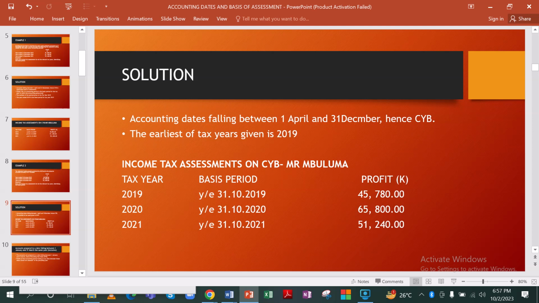So the first 2 examples are pretty simple. They are telling us to show the assessments on the basis of current year basis.